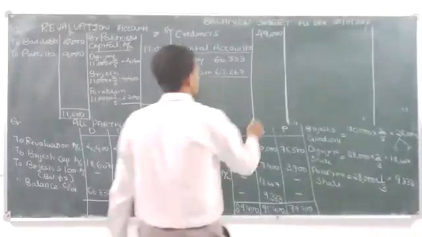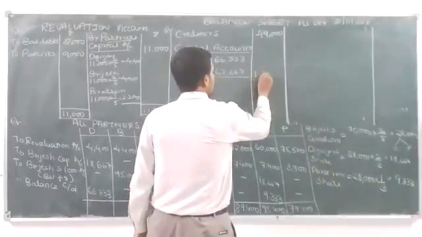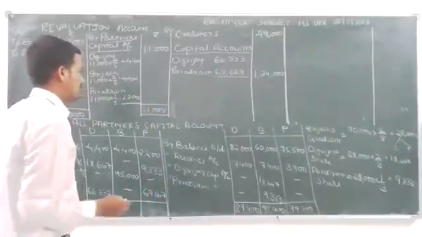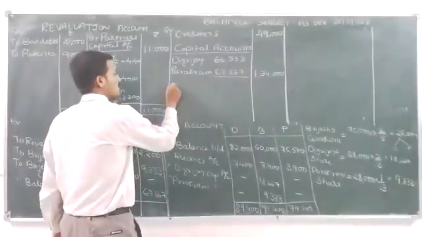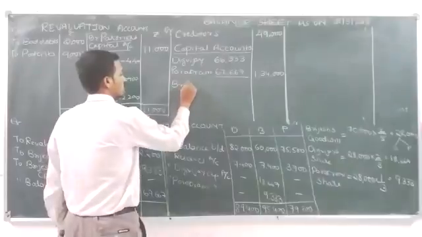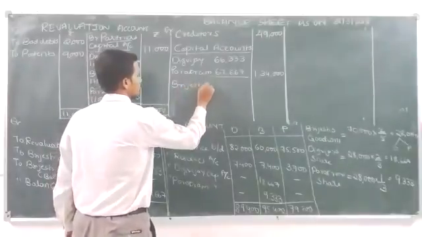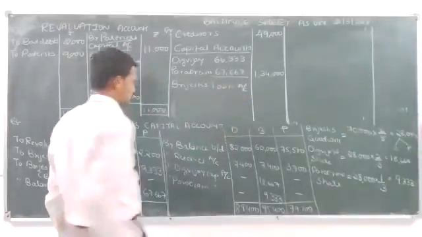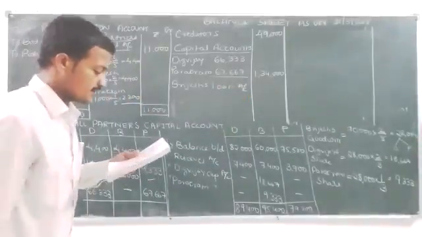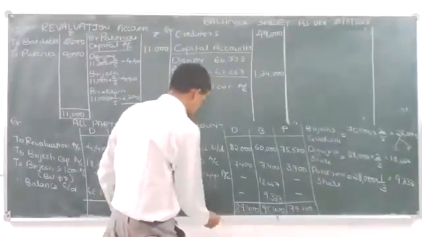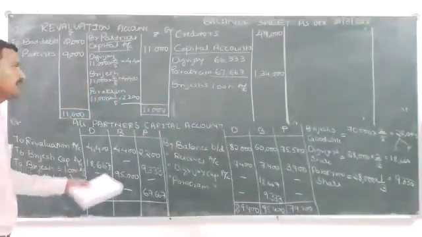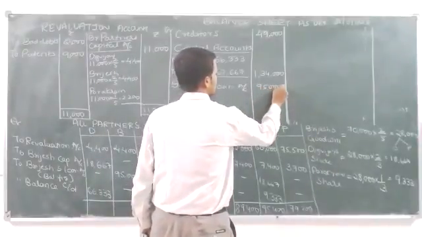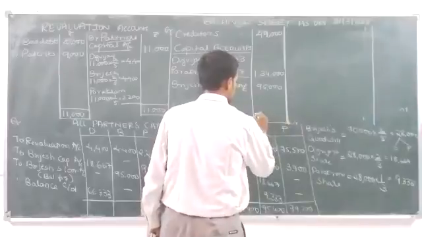The total is 1,34,000. Then next is Brijesh loan account. How much have we transferred to the loan account of Brijesh? That is 95,000.